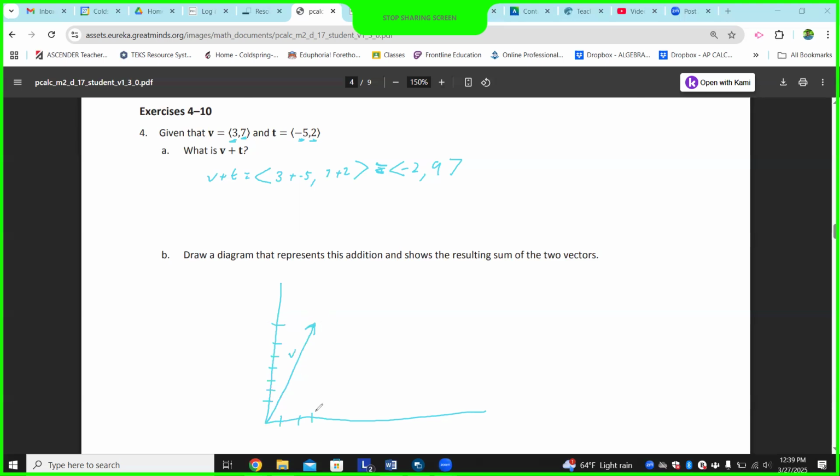Now I'm going to graph T from the tip of V. So again, this means I'm going to go left 1, 2, 3, 4, 5. And then what was it? Up 2 more.